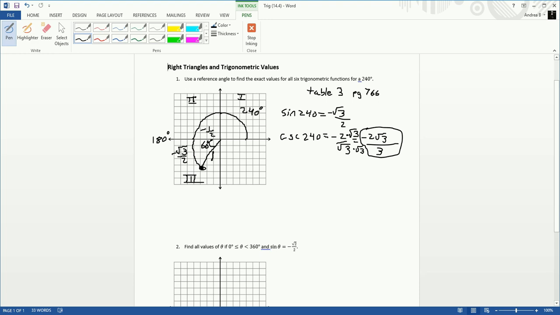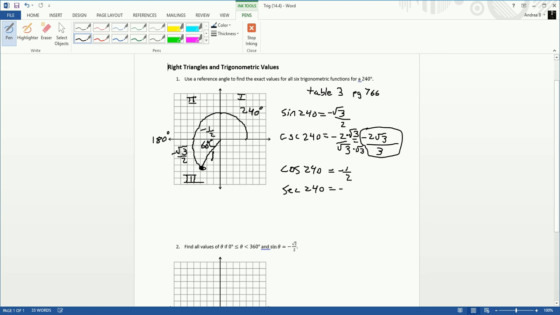And then for your cosine, it's going to be like the cosine of the 60-degree angle, except, once again, it is going to be negative here, since our x's are also negative in the third quadrant, so we'd have a -1/2. And then we can do the reciprocal of that one, which is our secant of 240 degrees.